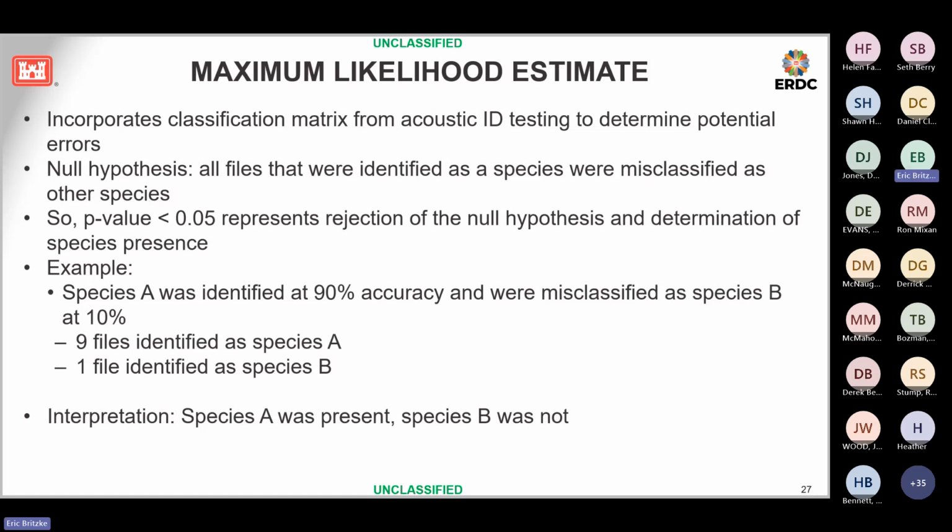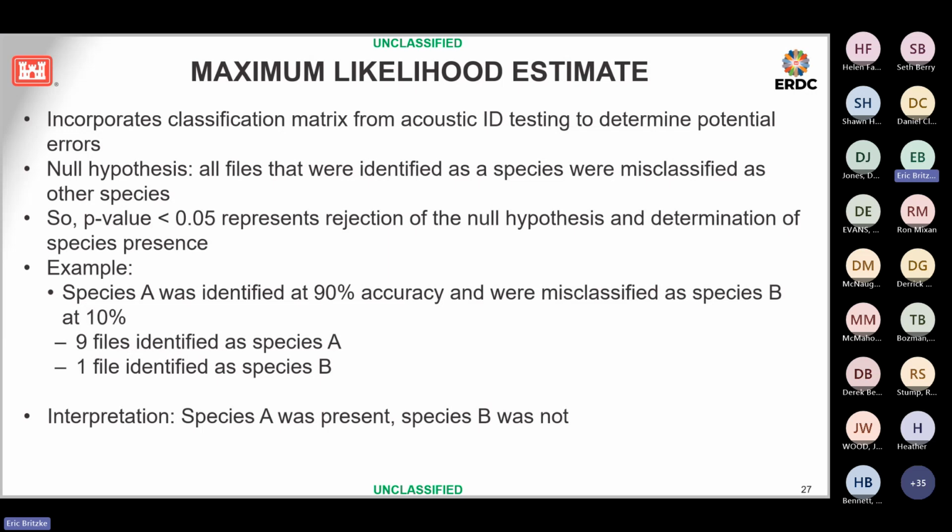I know you guys are really interested in hearing about null hypotheses, but the idea here is that if we have a very low p-value, then we can determine that the species is present on the landscape. An example is the same one: 9 files identified as species A and 1 as species B. But if species A was identified at 90% accuracy and misclassified 10% of the time, then the interpretation would be that species A was present and species B was not.